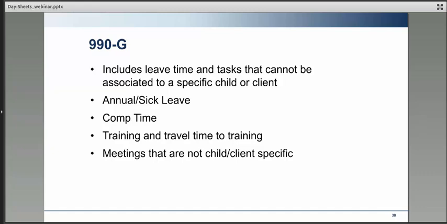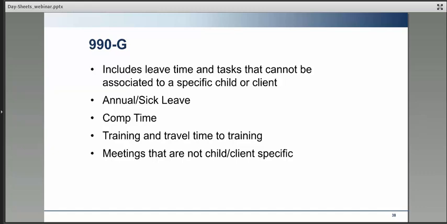Okay, so if it's anything that can be coded to a specific service, if you're doing anything actively related to the child's activities, if you're doing something related to 215 when the case is open for 215, if it's case management, travel, paperwork, anything like that, a case-specific conference, a staffing that is related to that child, a CFT, or if you're in 109, a permanency planning conference or anything of the like, that doesn't go under 990G.